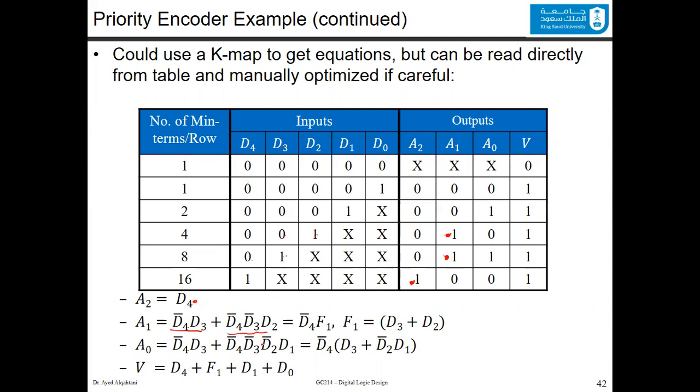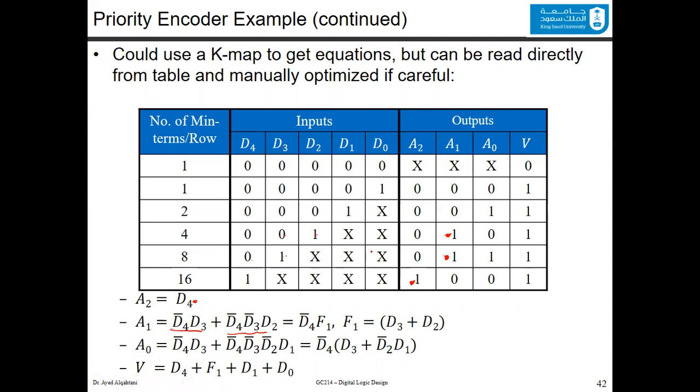And you can take some factoring, which is the D4 bar, and you will end up with D2 or the D3. You can say that this is F1 and you also apply it here.